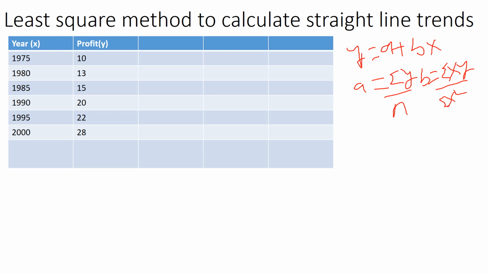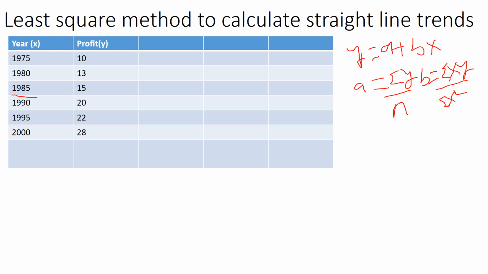And how can we get these columns? That is the x column. We need to get the x column by getting the mid year in our column of years that we have here, and we can see we have 6 observations, so the mid year will lie in between 1985 and 1990.